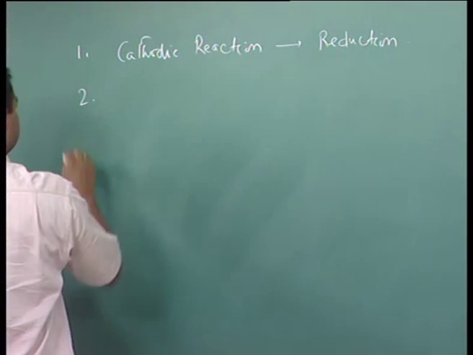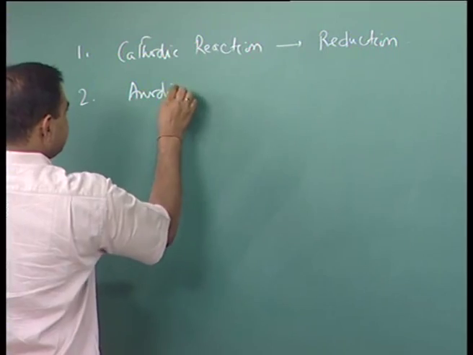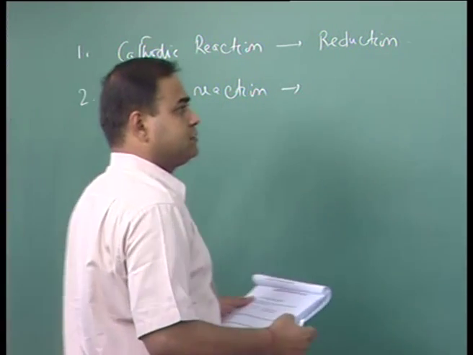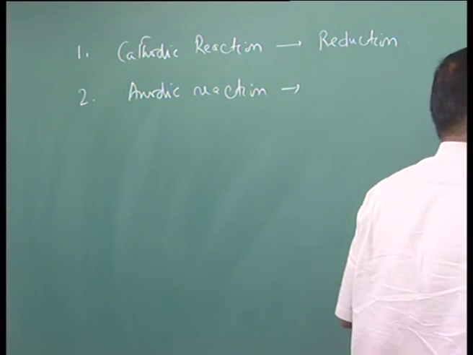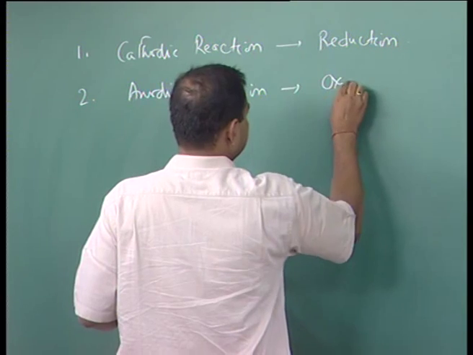Now, there should be an anodic reaction to supply the electrons required for the cathodic reaction or reduction reaction. This is the oxidation reaction.